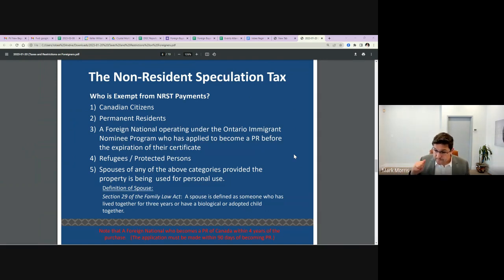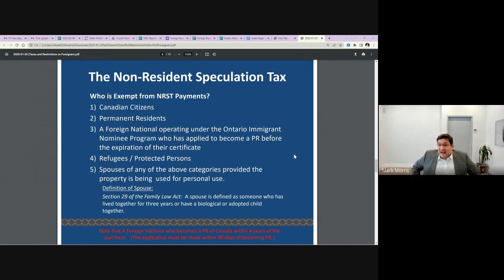You have a passport or you are a permanent resident. Doesn't matter if you've been in Dubai for 10 years. You are exempt if you have a passport. In other words, if you have a passport of Canada, regardless of where you are, you are able to buy. There's no prohibition on your purchase, and there is no NRST payable ever. Make sense?